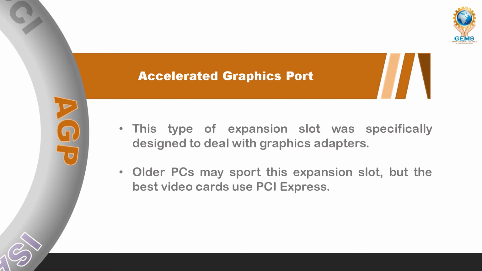Since 2004, AGP has been progressively phased out in favor of PCI Express, that is called PCIe. Intel released AGP specification 1.0 in 1997. It specified a 3.3 volt signal and 1x and 2x speeds.